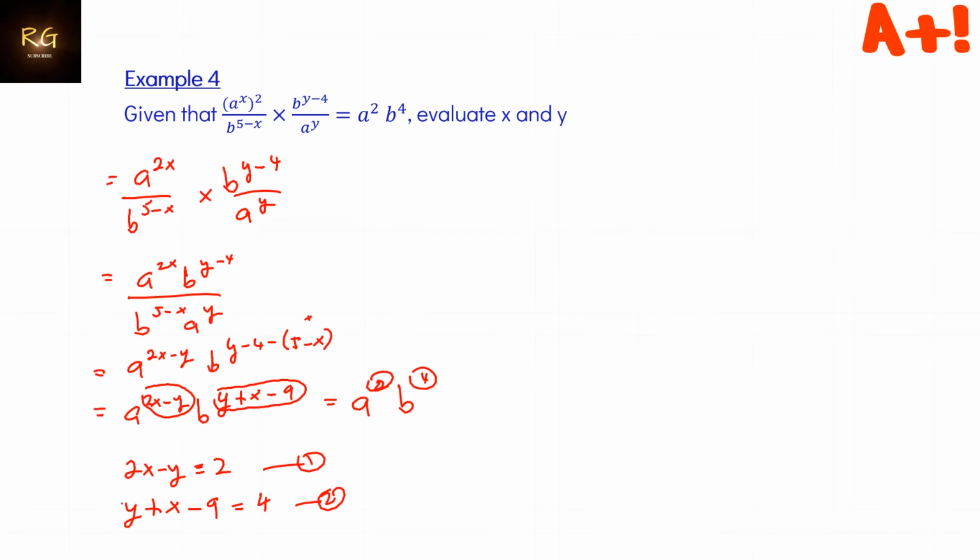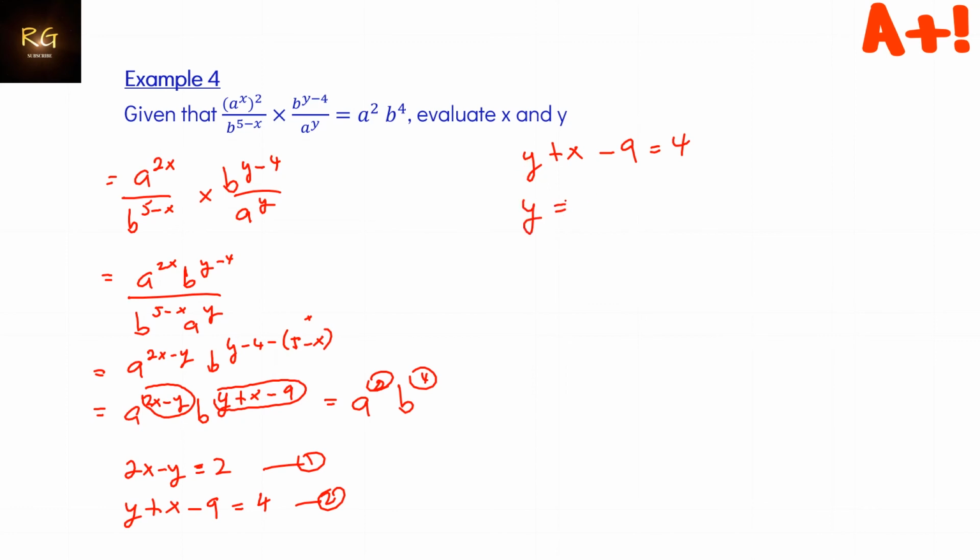In equation 2, in front of y is 1, and in front of x is 1 as well. But in equation 1, in front of x is 2, and in front of y is negative 1. So the lowest digit is 1 in equation 2, so I'll be choosing equation 2 to make the subject. So rewrite y plus x minus 9 equals 4. And then I can choose either y or x to become the subject of this equation. So maybe I can choose y for now.